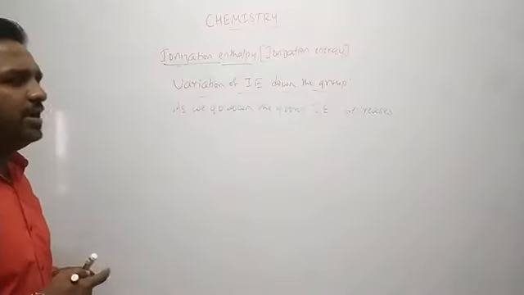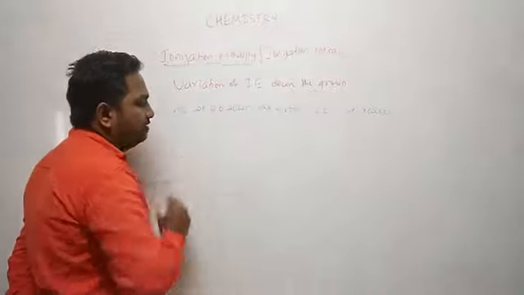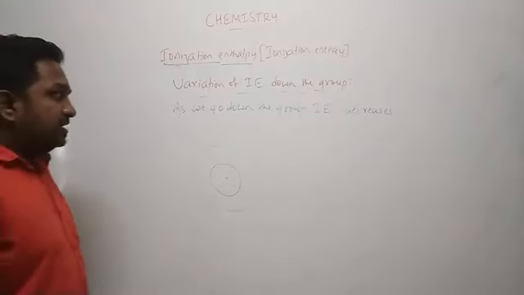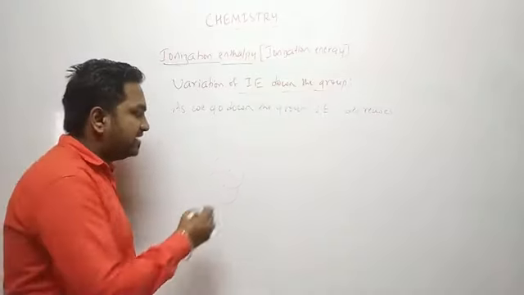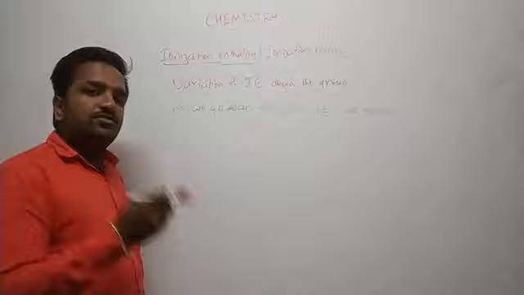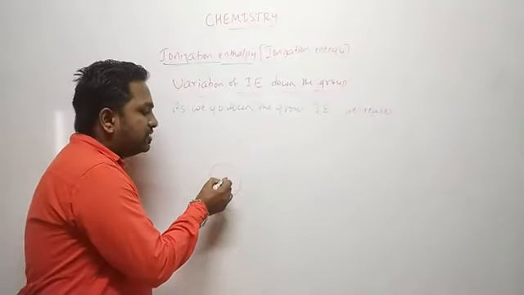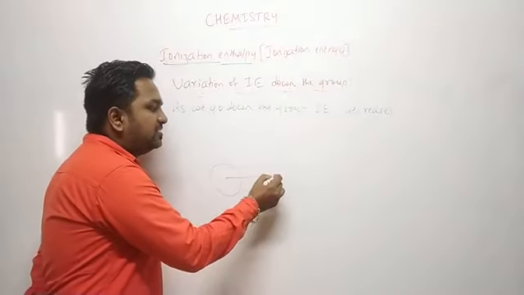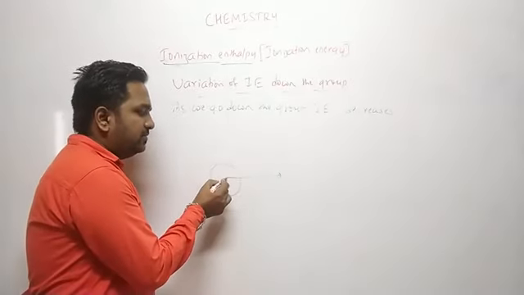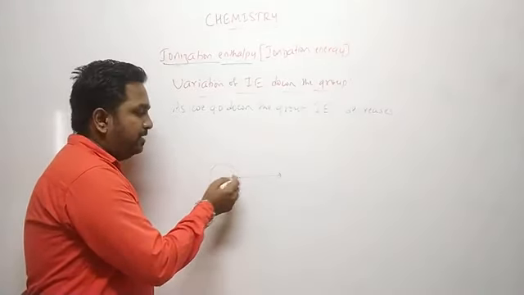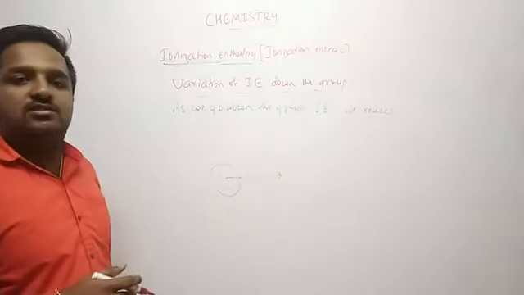Why is it so? Let us understand with the basic structure of an atom. As we go down the group in the periodic table, atomic size increases, which means the number of shells increases. Then the force of attraction between the nucleus and the outermost electron will be less. It is very obvious: the force of attraction between the nucleus and the first shell will be high because it is very near, it decreases for the second shell, and it will be least for the next shell.